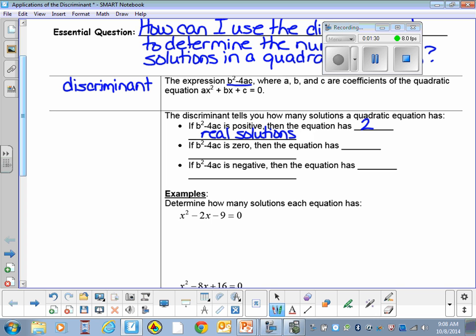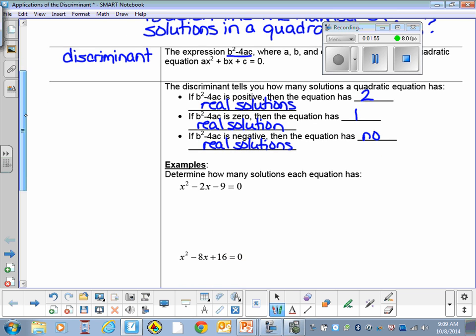If the solution to b squared minus 4ac is 0, then the equation has one real solution. If b squared minus 4ac is negative, the equation has no real solutions. Remember that no real solutions means it does not cross the x-axis.